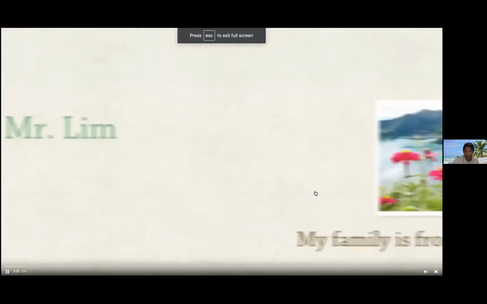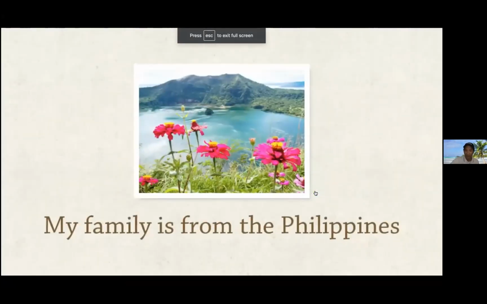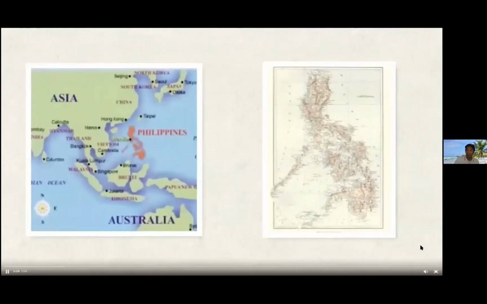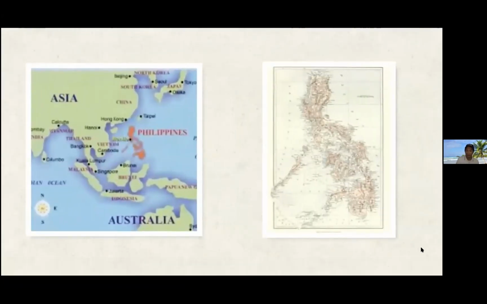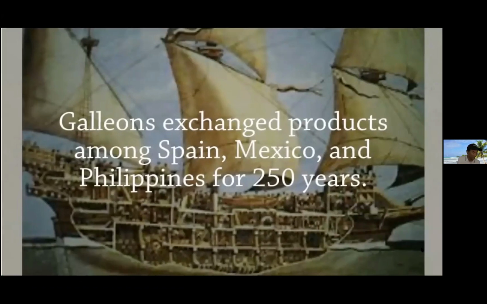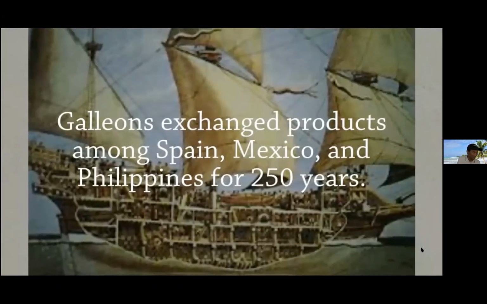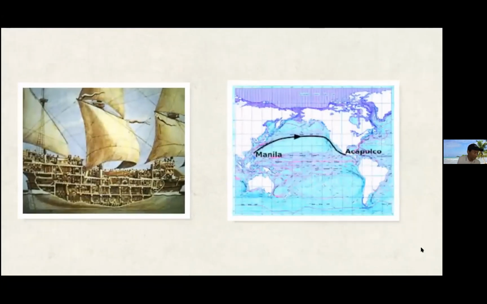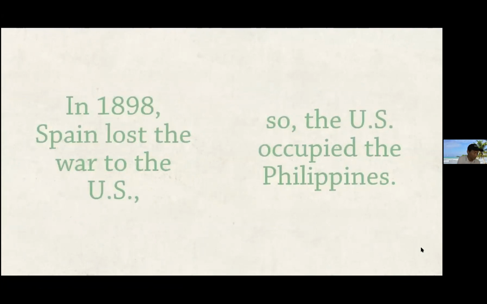Hi, I'm Mr. Lim. My family is from the Philippines. The Philippines is an archipelago off the coast of Asia. It was occupied by Spain since 1521. Galleon ships exchanged products for more than 250 years. Many cultural ideas and people traveled between the Philippines and Mexico. After the Spanish-American War, the U.S. occupied the Philippines.